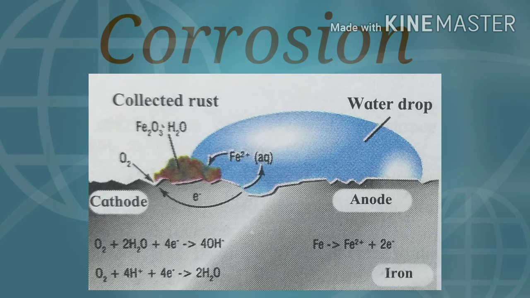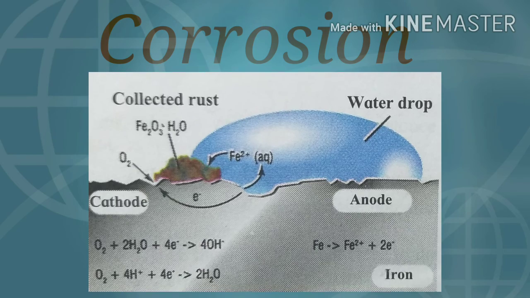In the anode region of the surface of iron, Fe undergoes oxidation to form Fe2+ ions, and in the cathode, oxygen is reduced to form water and further gets oxidized to form Fe3+ ions. These Fe3+ ions form a reddish colored hydrated oxide. This oxide collects on the surface of the metal and is called rust.